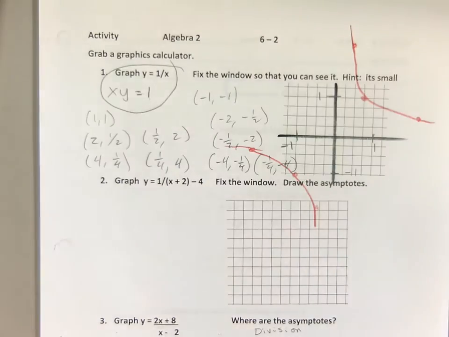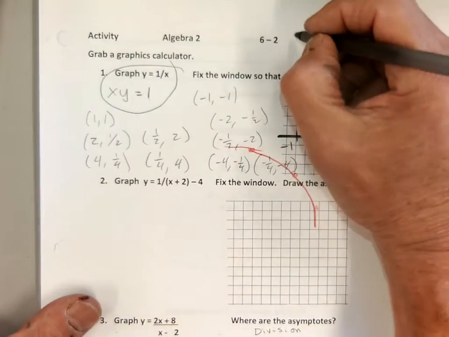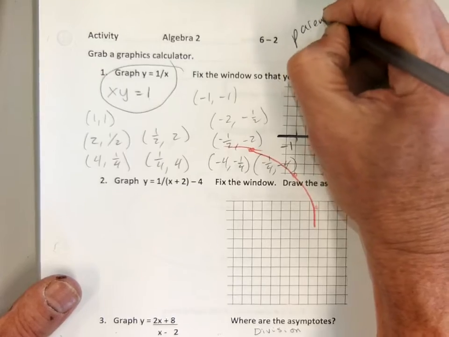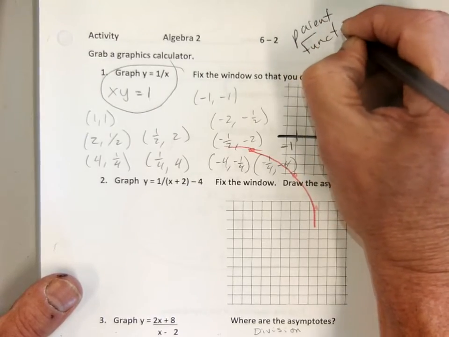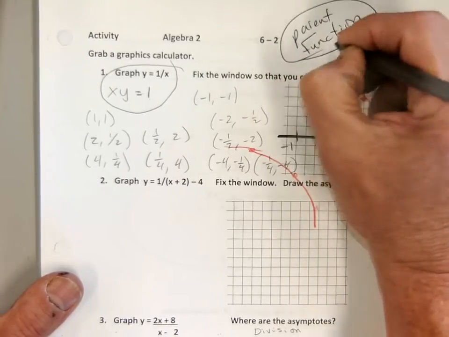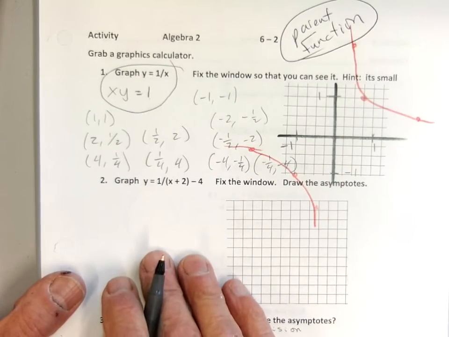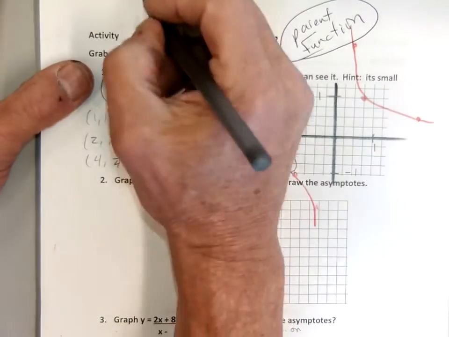So this is going to be what we call our parent function. Our parent function is the most basic of these. It is inversely proportionate, okay?